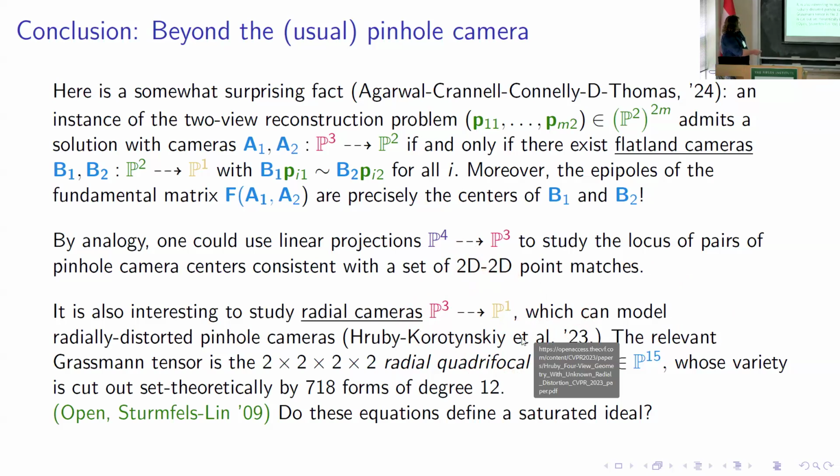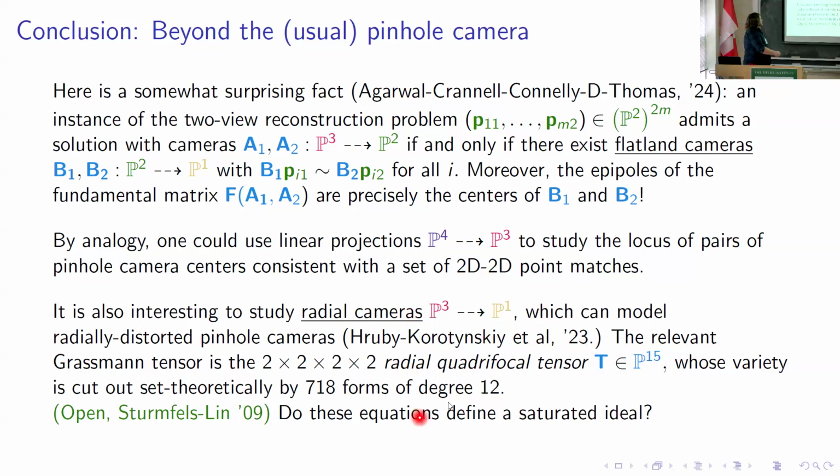Here, there are lots of tantalizing connections to literature in commutative algebra and algebraic geometry. In fact, there's only one Grassmann tensor for the radial camera model, and that's what's called the radial quadrifocal tensor.